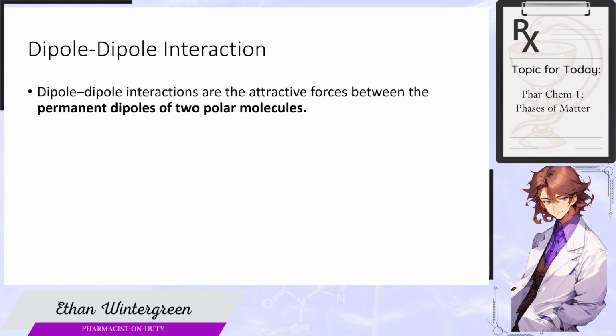What happens in a dipole-dipole interaction is that the positive end of one dipole interacts with the negative end of the next dipole, forming an electrostatic attraction, which simply states positive and negative will attract each other. So this forms your dipole-dipole interaction.